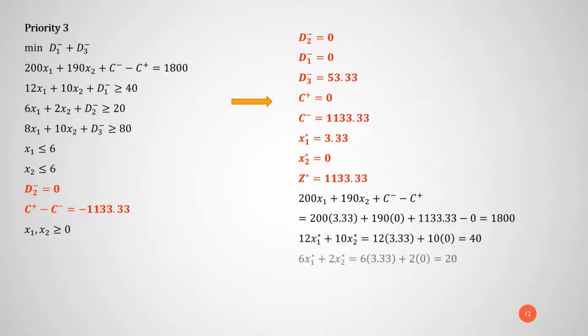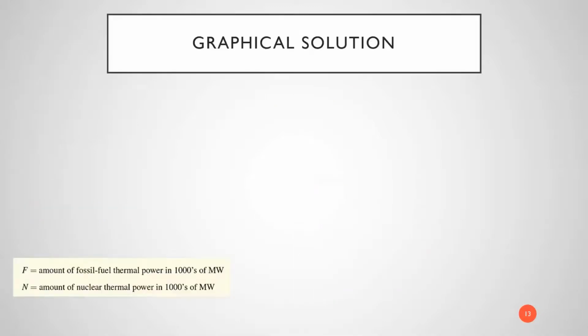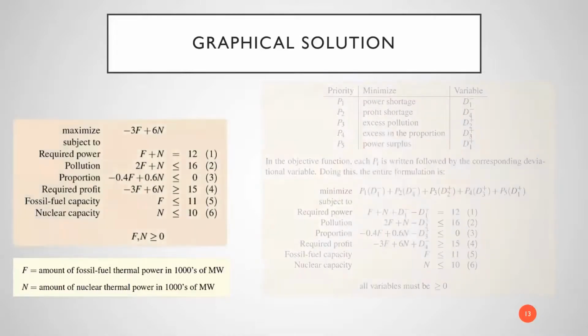So I only need to work 3.33 days per week using production unit number 1. And what will be the result here? You can see that all my goals are satisfied, except for number 3.